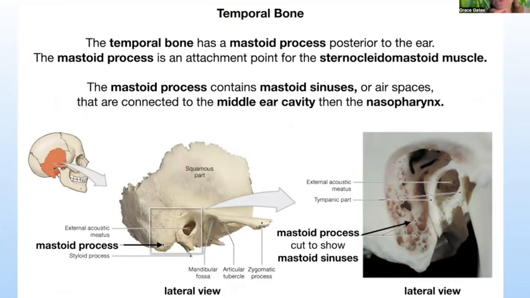The mastoid process contains mastoid sinuses or air spaces that are connected to the middle ear cavity and then to the nasopharynx. A person can also get an infection of the mastoid air cells or mastoid sinuses, again, by getting a cold, having it infect the nasal cavity, the nasopharynx, then going up the auditory tubes to the middle ear, and then possibly even beyond the middle ear to the mastoid process.